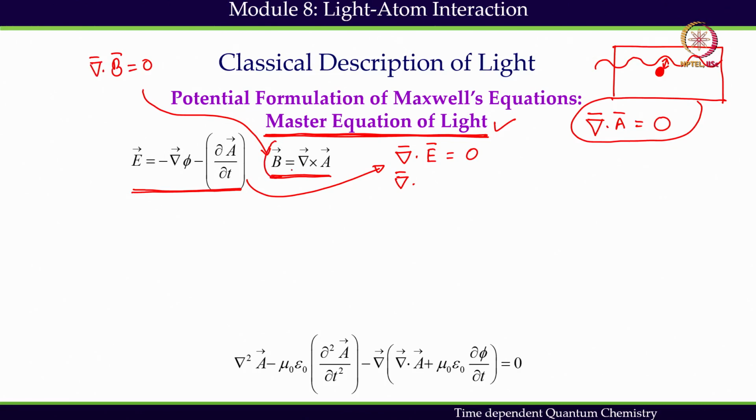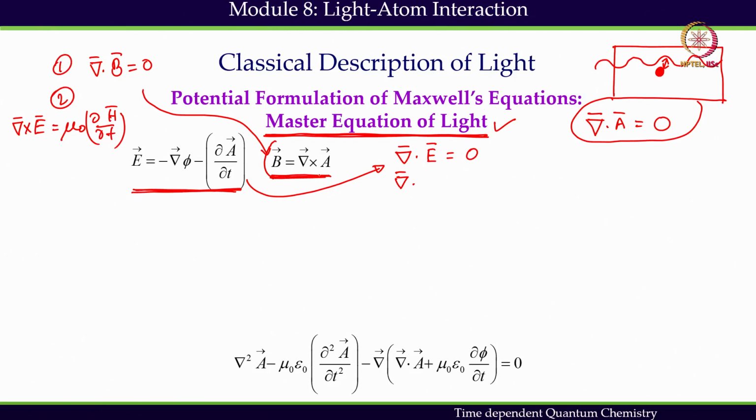So, already we have fulfilled one equation. This other equation we got from the fact that the time varying magnetic field was the source of electric field. So, curl of E was represented by this. So, equations 1 and 2 are fulfilled already by these 2 equations.